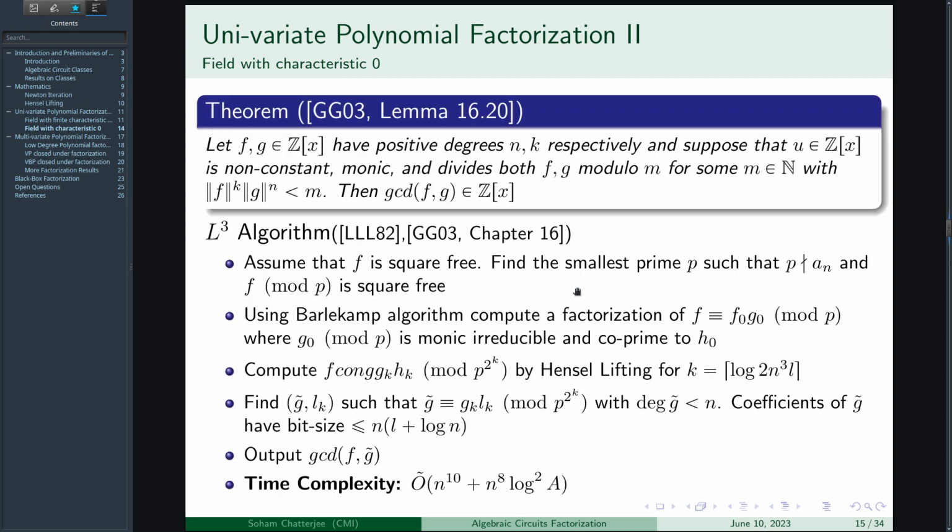But here we only need a 2 to the power n approximation, which is doable in polynomial time, so nothing to worry about. Finally, we output the GCD of f and g tilde. Its complexity is high, you can say n to the power 10, but still it's a polynomial.